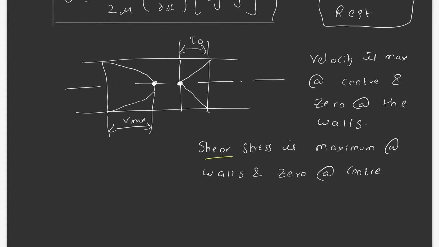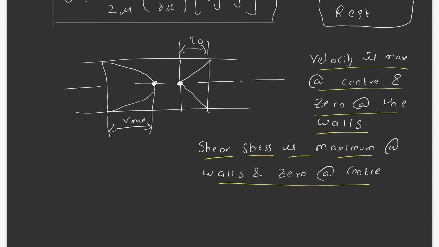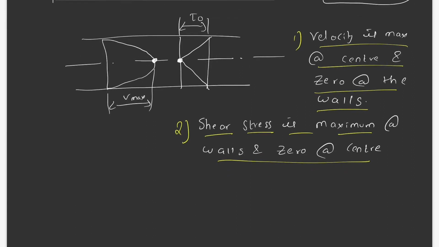These are two important terms. No matter where you go, for flow inside a pipe or between plates, these terms are important. This is the first point, this is the second. Now we saw all this stuff. Velocity varies parabolically, shear stress varies linearly. So this we already saw in the pipe flow itself.